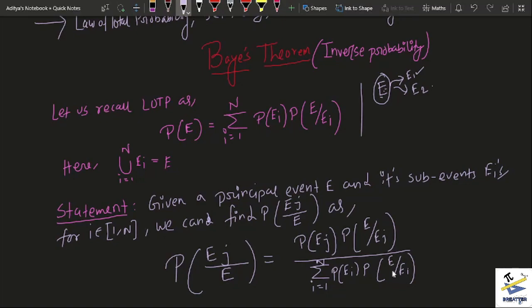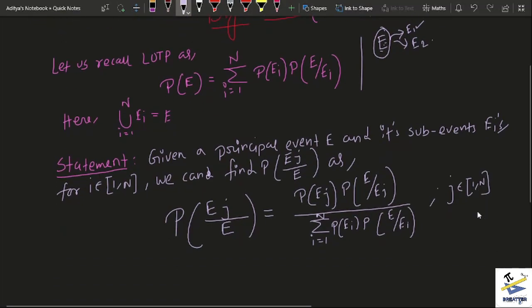In general we find E given Ej, but here we find Ej given E, for all j belonging to 1 to capital N. So this is the statement of Bayes theorem.